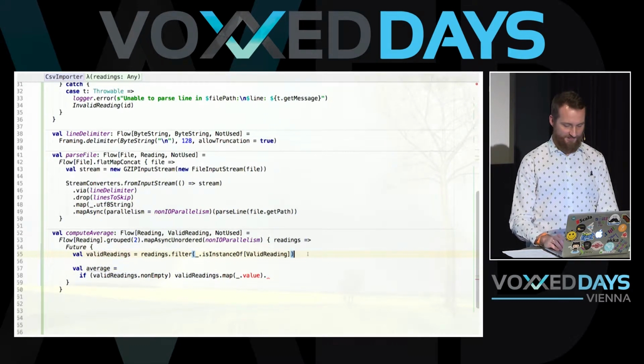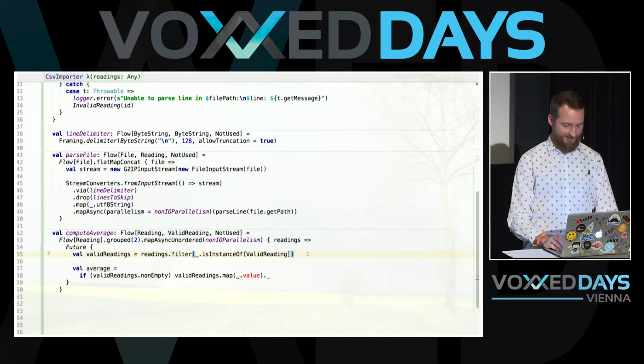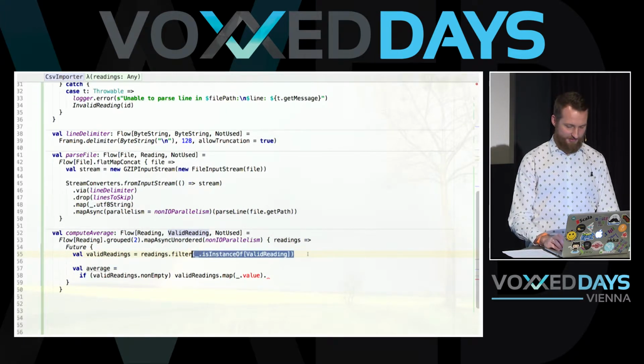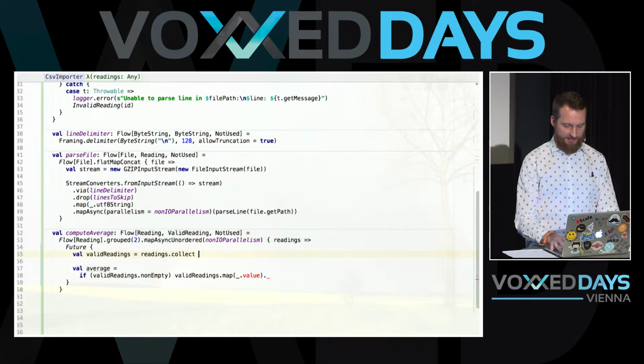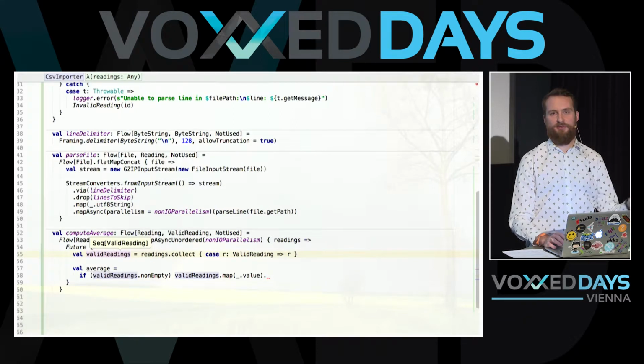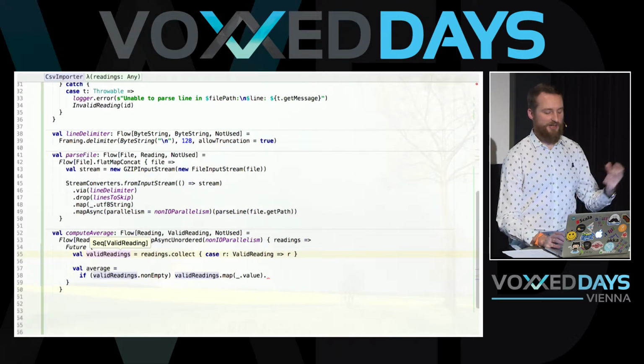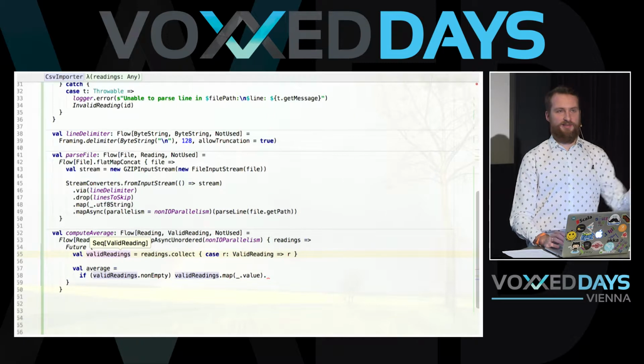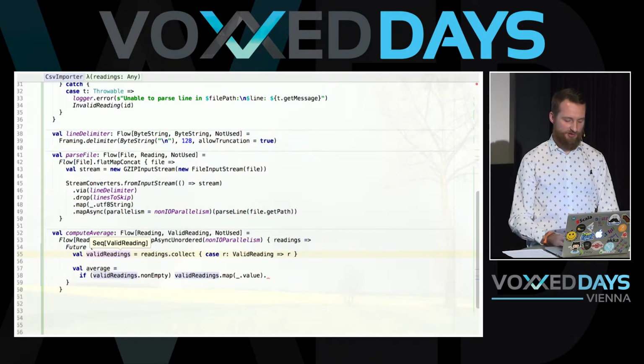Thanks for this question, because this was something new for me. So we're going back to the collect variant, and we return this one. And now when we check the type, it's actually a sequence of valid readings. Since we only collected a single type, the compiler knows that the type of the output collection will be a bit narrower.